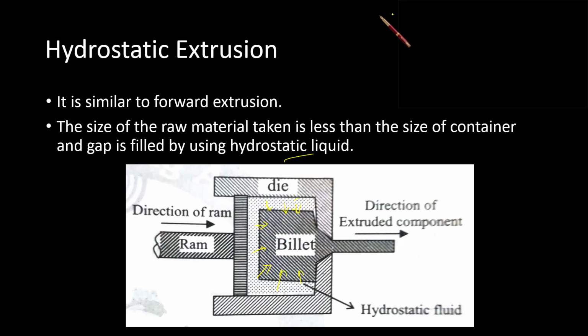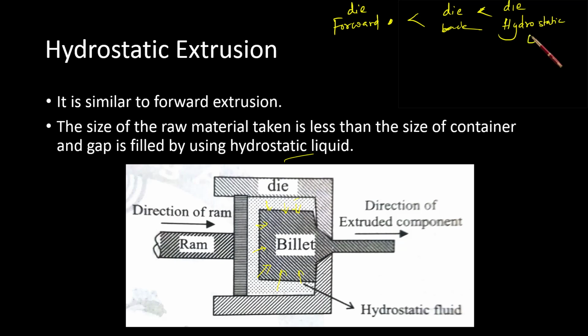The hierarchy goes like this: the die for forward extrusion is less costly than the die for backward, but the maximum cost will be the die for hydrostatic extrusion, because it has to be completely insulated, so that no liquid can come out.